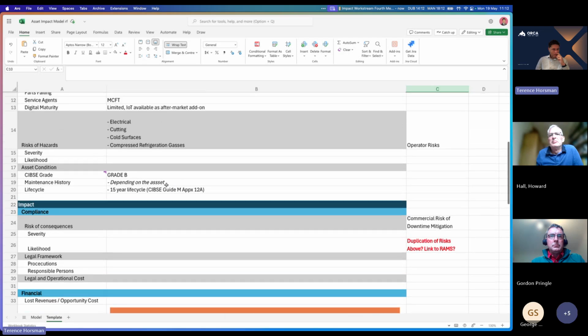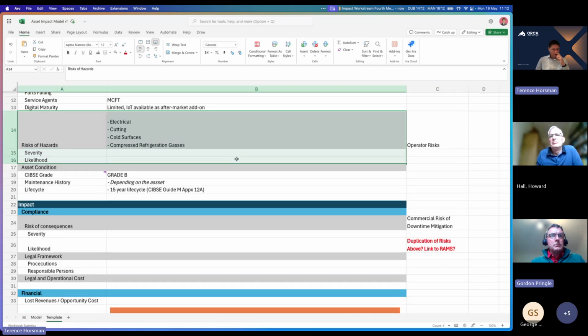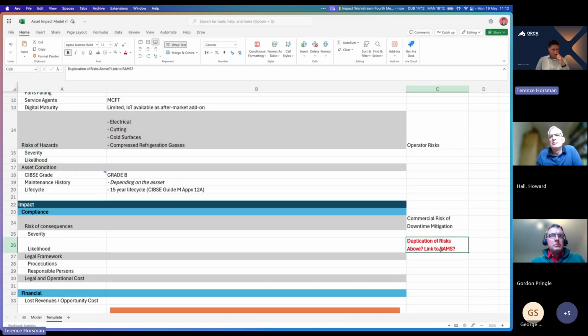Yeah, so then we have the risk of hazards, which is our RAMS, I suppose. And you put in your method statements and mitigation strategies and parts replacement strategies in place to mitigate those hazards. Still not sure about the compliance consequences.